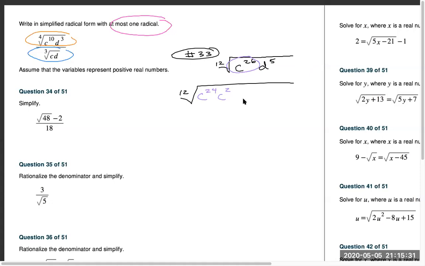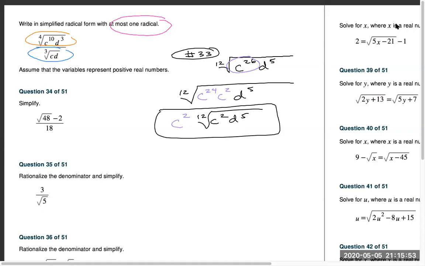And you have D to the 5th. 24 is divisible by 12. Goes in twice. So that becomes the exponent for the stuff outside the radical. And then the 12th root, you still have C squared D to the 5th. So that one's a more involved problem.